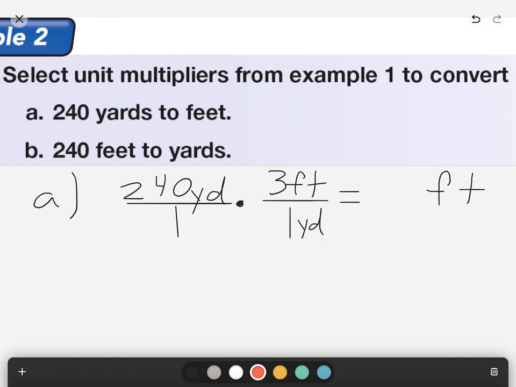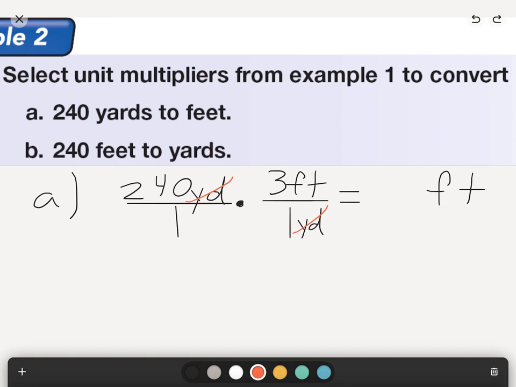Okay. Alright, so now I can do my cross-canceling. I'm going to take out my yards. I have no yards, so what I'm left with is the unit of feet, which I can bring over here.